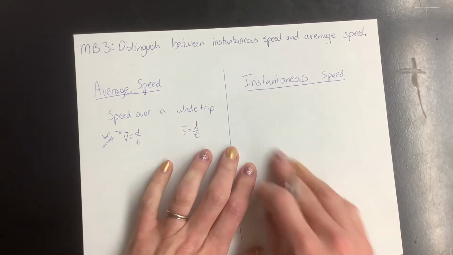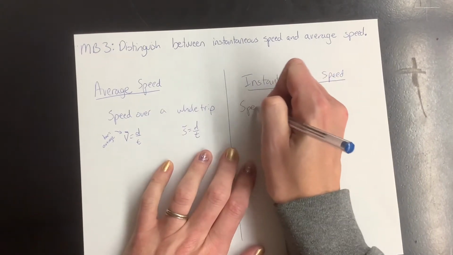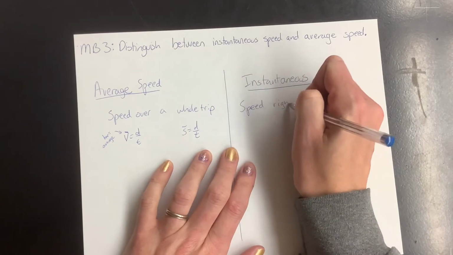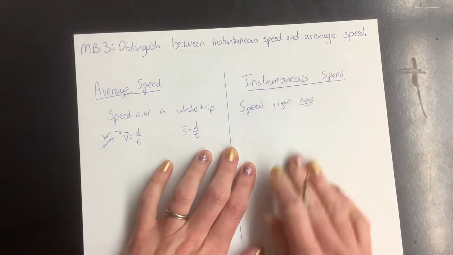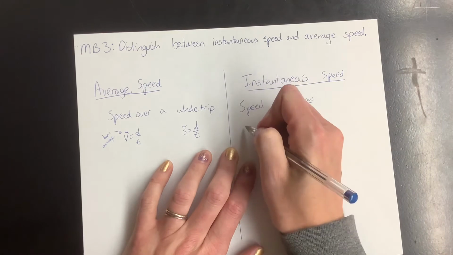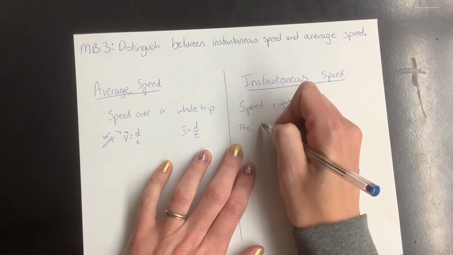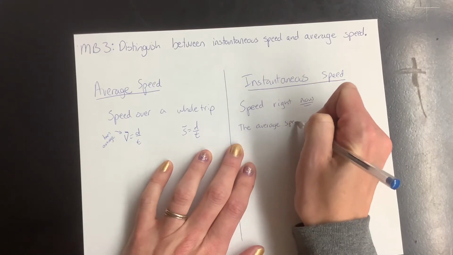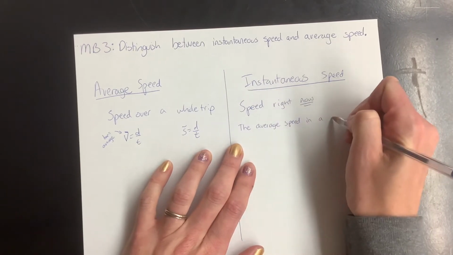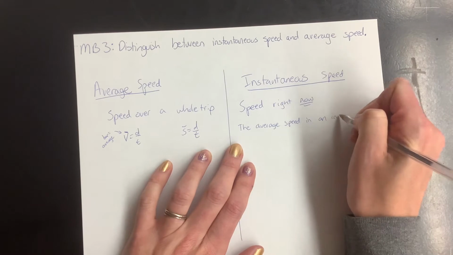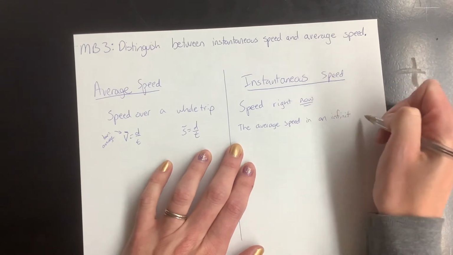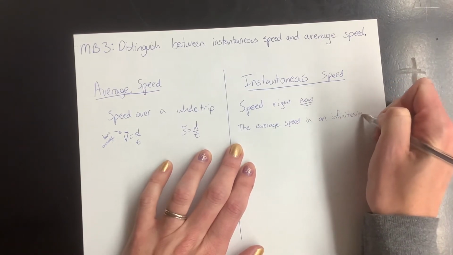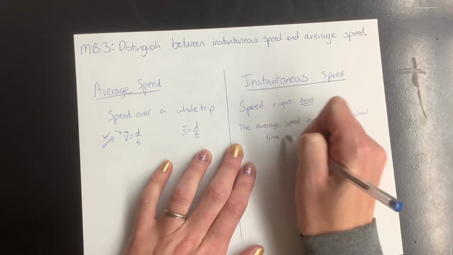When we talk about instantaneous speed, we're talking about the speed right now. The way this works is that it's really just the average speed in a very small, an infinitesimal, there's your other new word for the day, infinitesimal time interval.